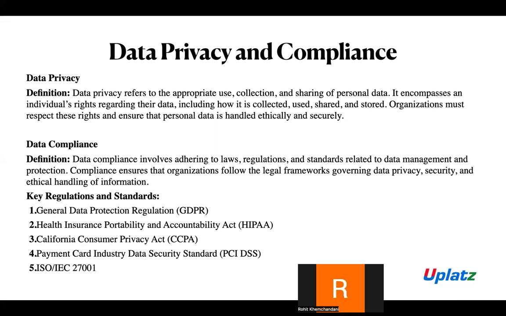I'll again repeat these seven principles. First is consent. Second is purpose limitation. Third is data minimization. Fourth is accuracy. Fifth is storage limitation. Sixth is security. Seventh is transparency.